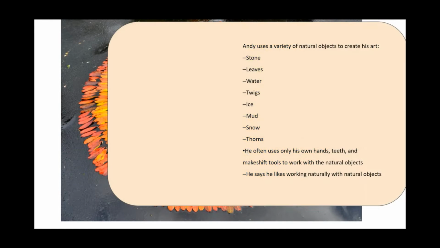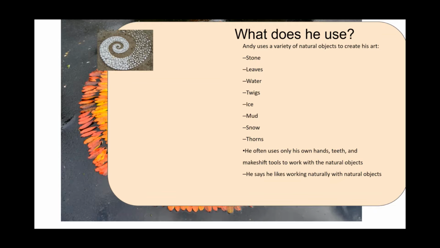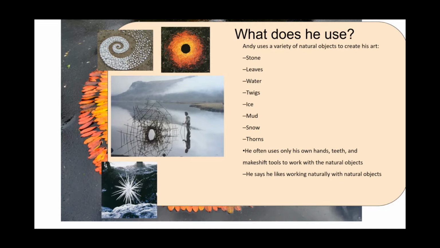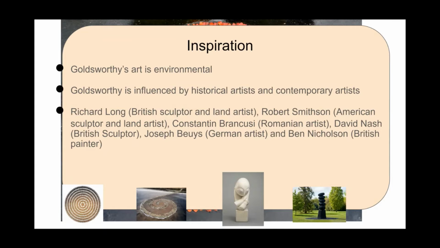He says he likes working naturally with those natural objects. Here's one of his stone leaves. There's him using twigs and water. There's him using ice and snow. Here he uses mud on a branch on a tree that's mossy.